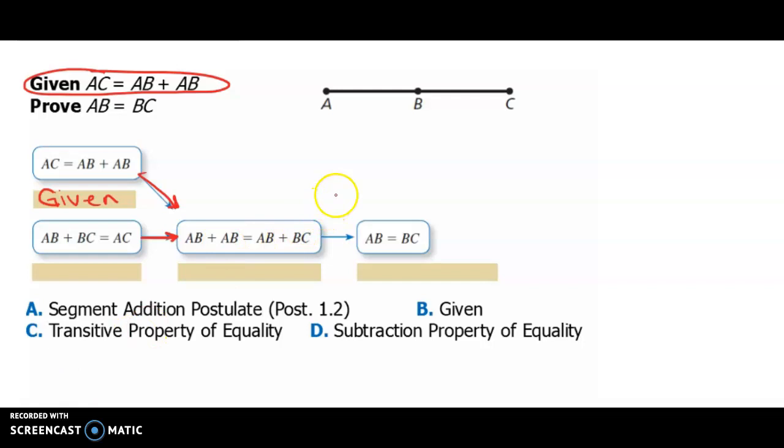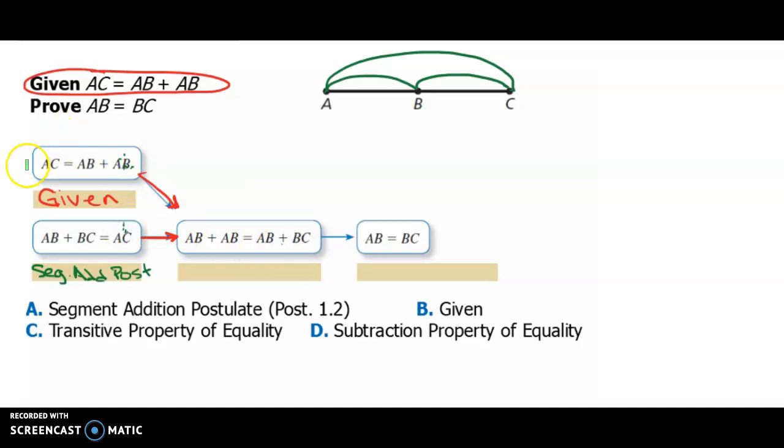Okay, AB plus BC equals AC. So where the heck did that come from? Well, AB plus BC equals AC, that's the segment addition postulate. Now both of these arrows are saying, if we put these two together, how can we come to this?